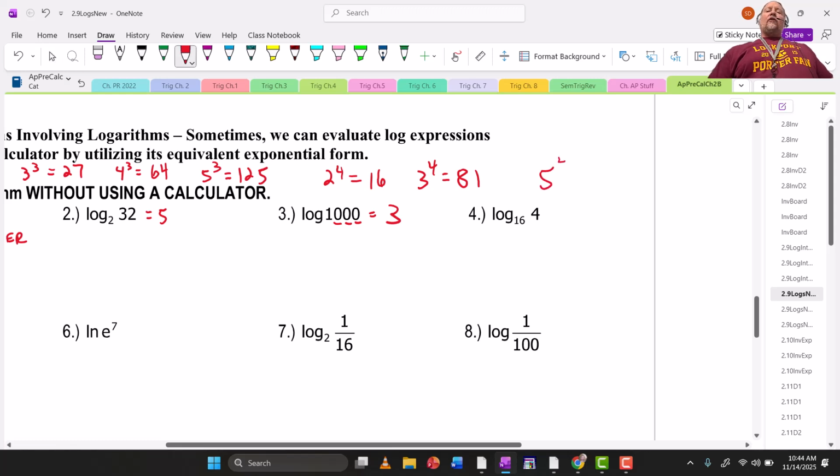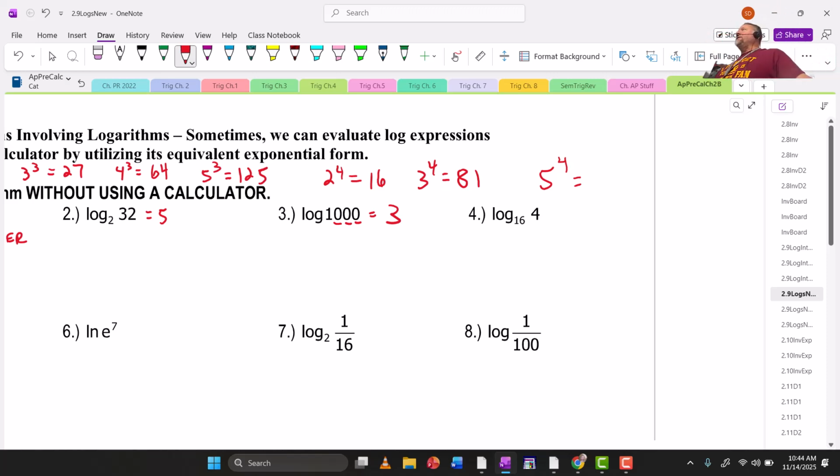I think you should know 5 to the fourth, which is 125 times another 5. 100 times 5 is 500. 5 quarters is 125. 100 plus 125 is 625.